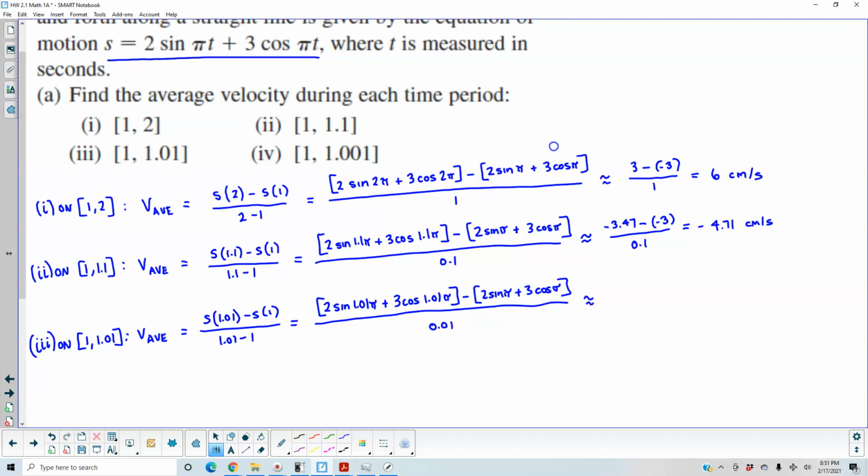So this is going to give us approximately negative 3.0613 minus a negative 3 divided by 0.01, which gives us negative 6.13 centimeters per second.